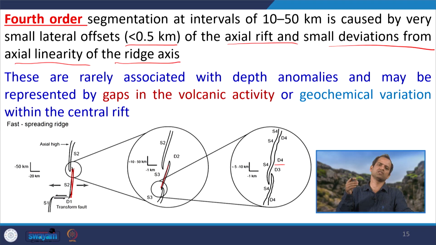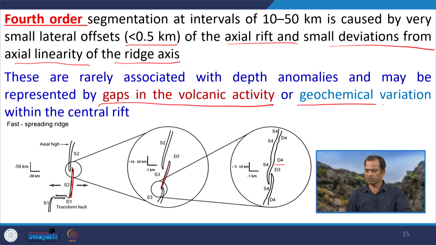Within that magma chamber or within that axis, there are pockets of magma aligned along this mid-oceanic ridge system. The deviation from this alignment from the central axis is represented by the fourth order discontinuity. That is why it is the gaps in the volcanic activity and the gaps in the chemical variation within the central rift.